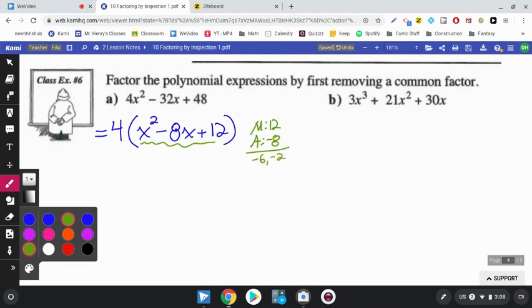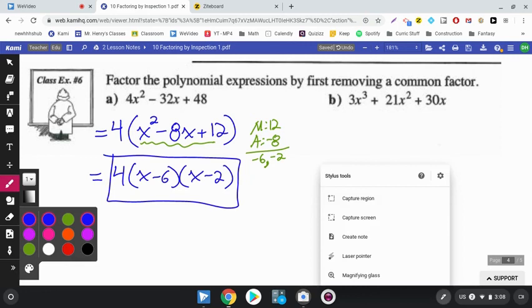That would be negative 6 and negative 2. Those numbers multiply to 12, and they also add to negative 8, so that's my magic combo. So I have the factor of 4, then x minus 6, and then x minus 2. That is the fully factored version.